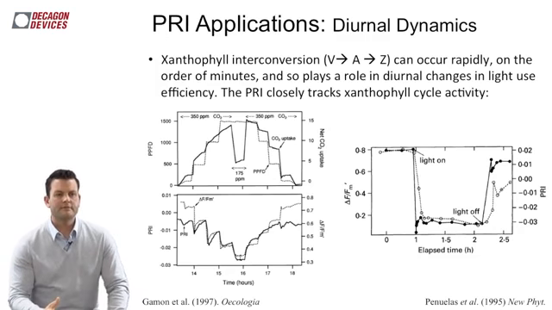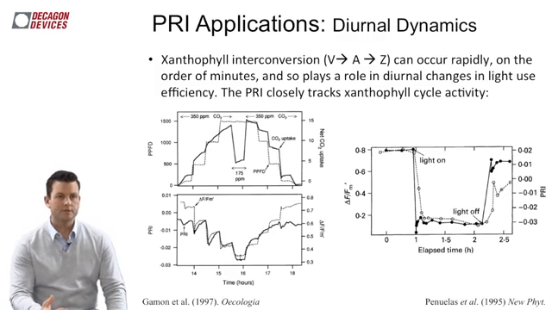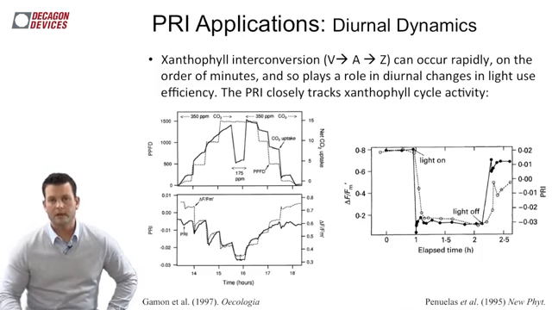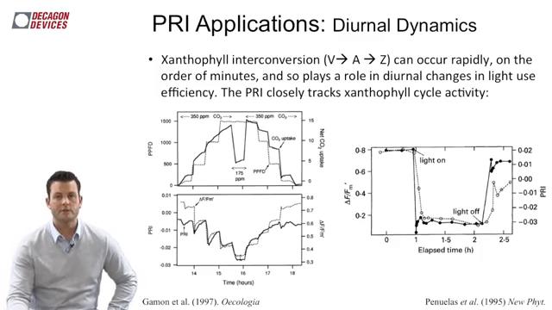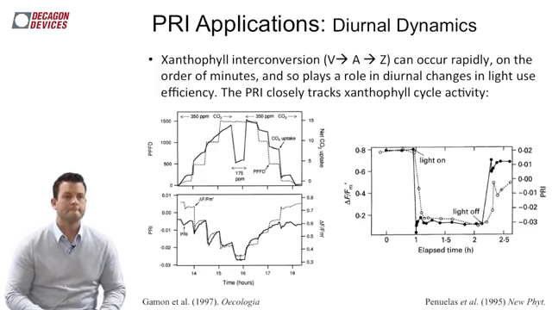In the bottom left is the exact same experiment, just with different measurements. The two measurements are PRI, what we're interested in, and delta F over Fm', a fluorescence measurement of photosystem II efficiency, which is really related to light use efficiency.